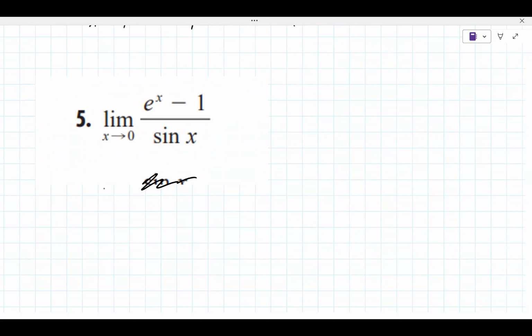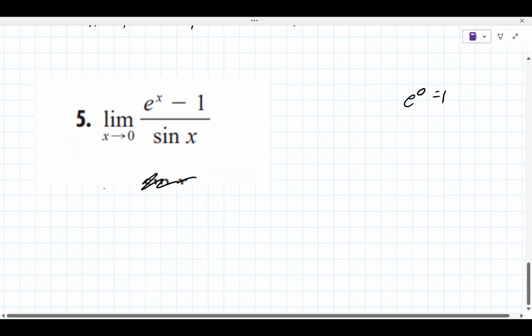What's e to the 0th power? It is 1. Isn't it just -1?